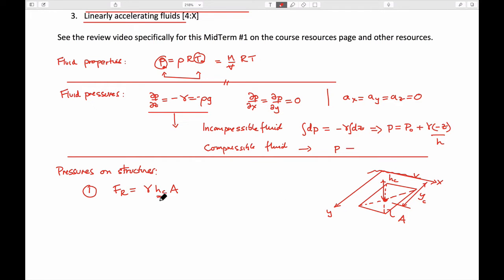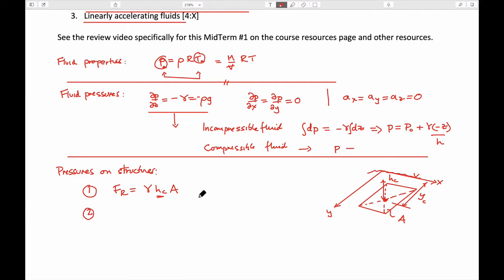So this magnitude here is the depth of the centroid vertically below the surface, not the slope distance in the plane of the actual plate. So the area is the actual area of the plate, not the projection of the area, and the unit weight is the unit weight of the fluid which is around it.